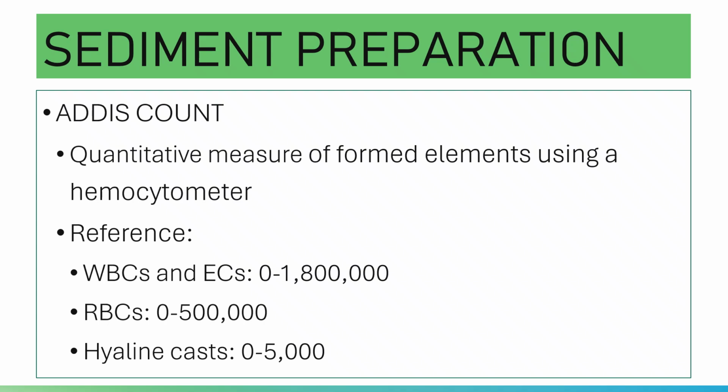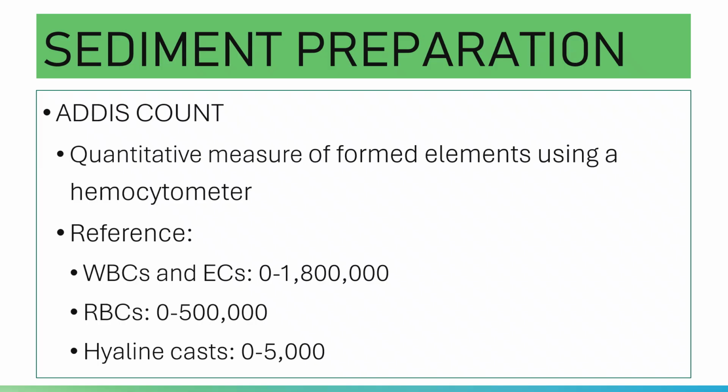The preservative employed for the Addis count is formalin, and the sample is a 12-hour urine sample. Please note that the Addis count is a quantitative measure.